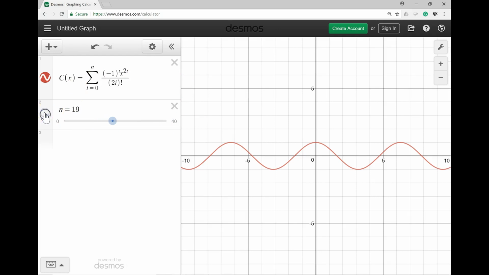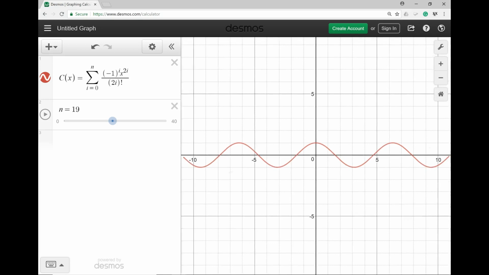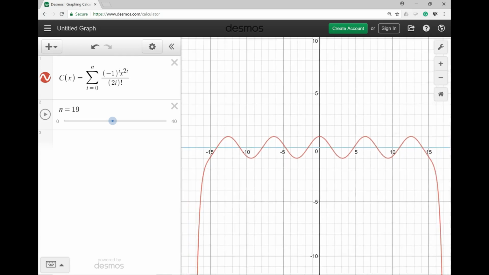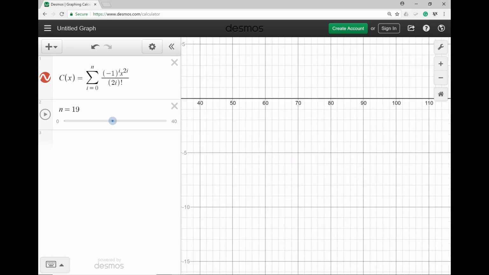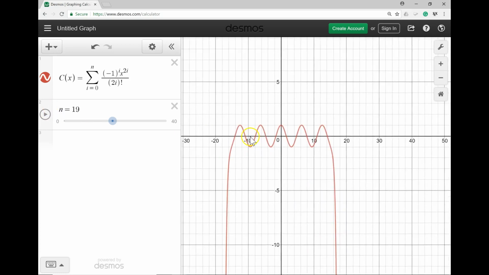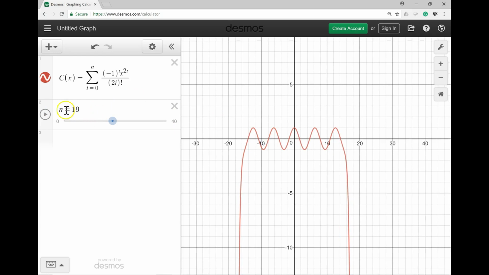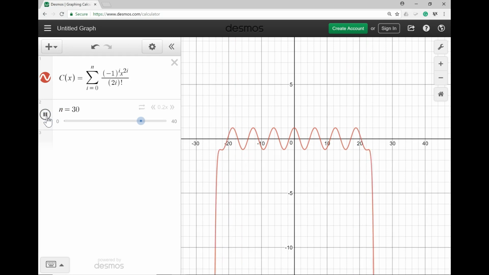It doesn't look like we're getting much change right here, but we saw that the change was going outward. So let's squeeze this a little bit and keep watching this change. Oh, I lost it. There we go. As n keeps getting bigger and bigger, it looks like the inside part just keeps staying the same, but the outside keeps growing.